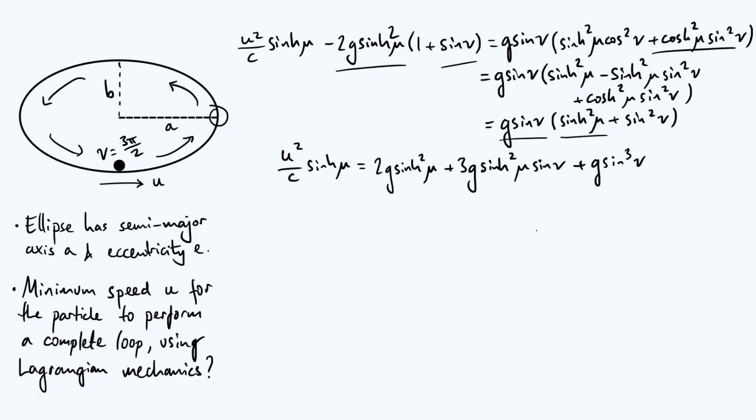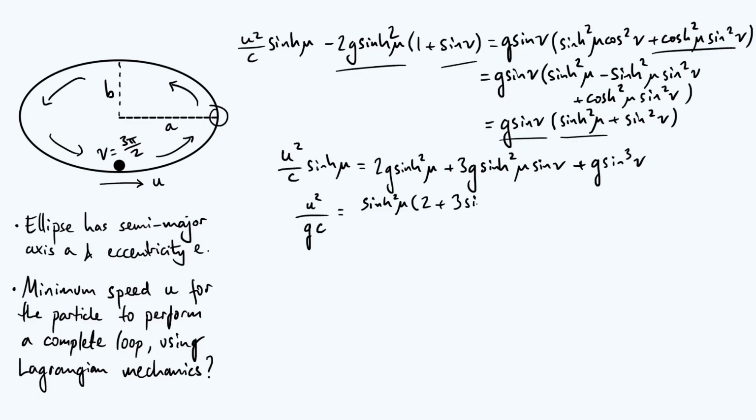I am going to do a bit more algebraic manipulation, divide through by g, and also divide through by sine of mu, to get u squared over gc on the left-hand side. The right-hand side, if we recombine some of the terms, is going to be a big fraction now: sine squared of mu times 2 from this 2 here, and then plus 3 sine of nu from that second term.